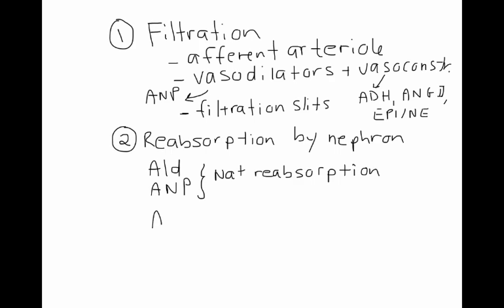And then we have ADH, which affects permeability to water. So 2 general strategies: affecting how much blood is filtered in the first place, and then how much fluid and salts are reabsorbed by the nephron itself.